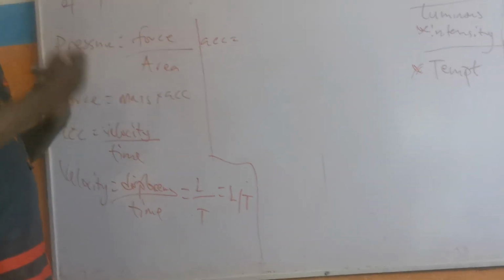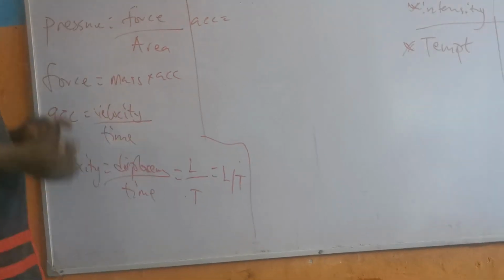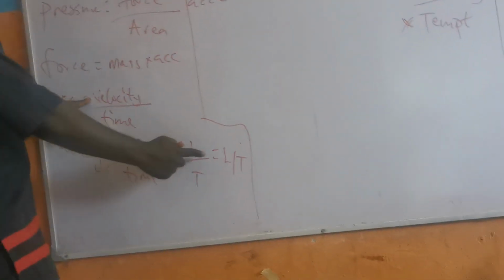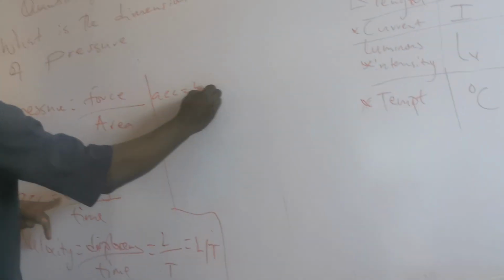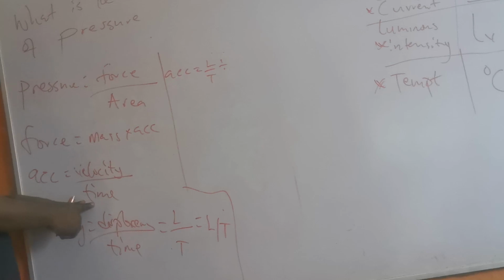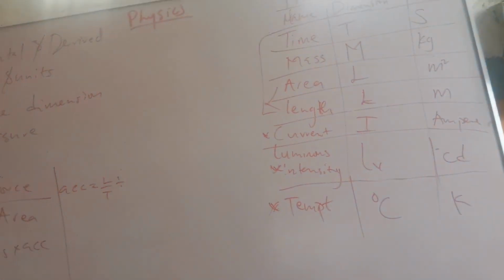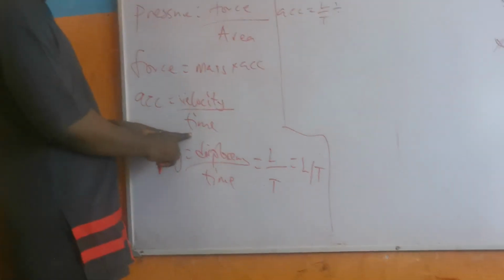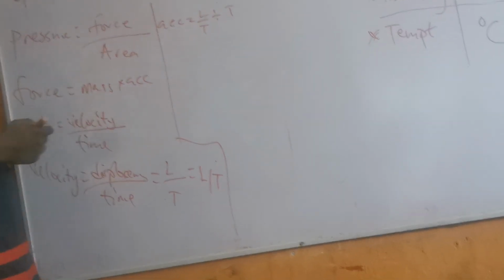Now we can re-say it that acceleration is velocity divided by time, isn't it? What is velocity? We've gotten it now, it is L over T. So we have L over T divided by time. Time there is T, we are taking dimension. So that will be divided by T. Change your division to multiplication.